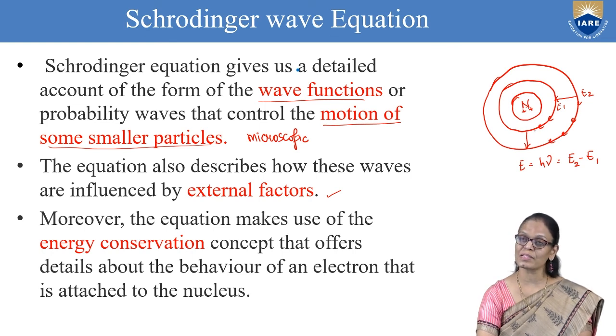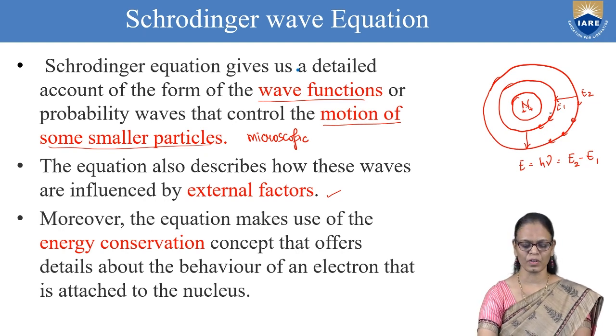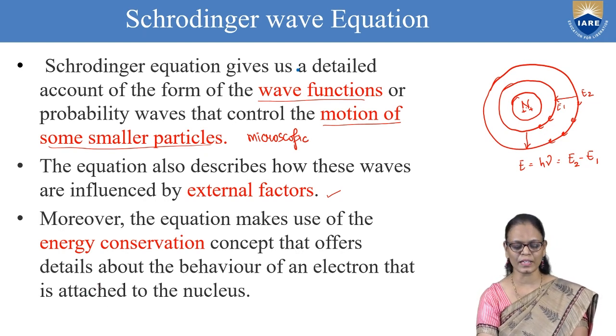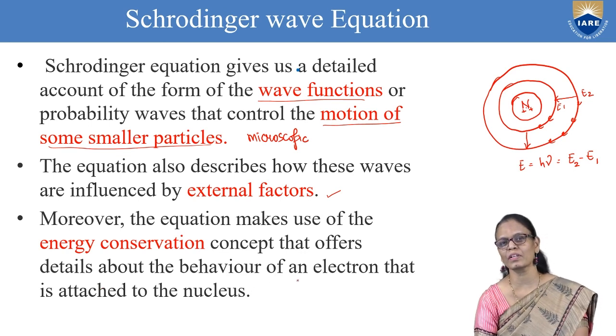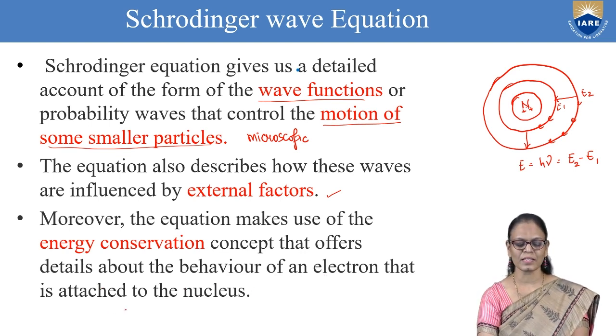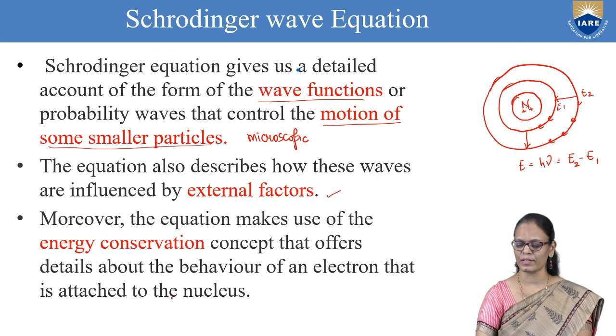So you need to supply energy to this electron, equal to the difference in energy between the two levels. The difference in energy has to be supplied to this electron for it to go into the higher orbit. So here also the energy conservation is taken care of. So it also gives us the details about the behavior of an electron that is attached to the nucleus.